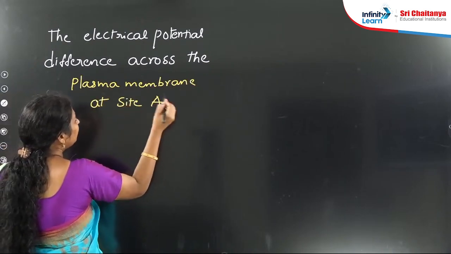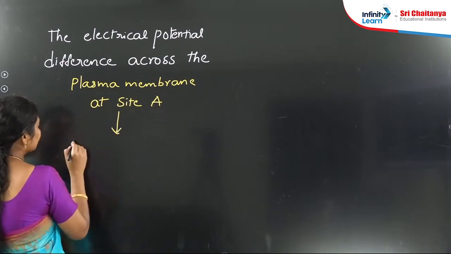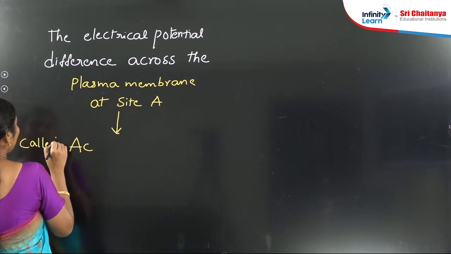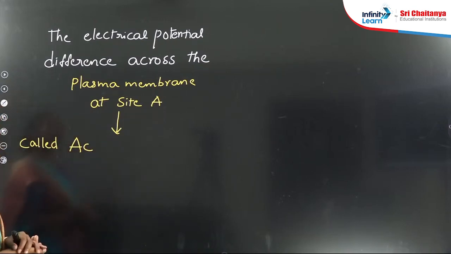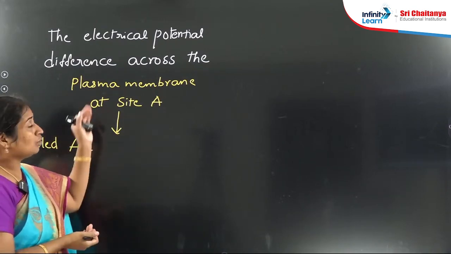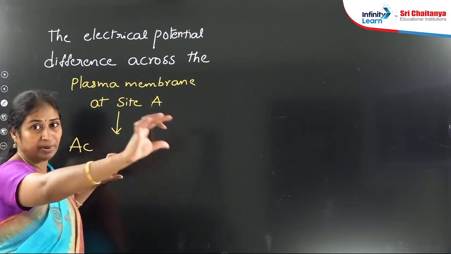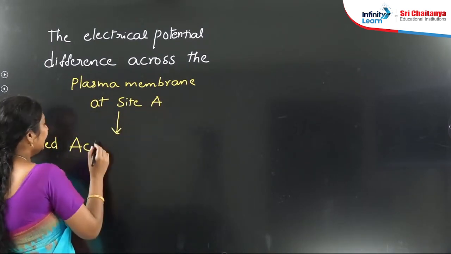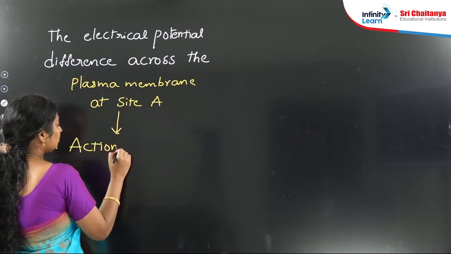It has developed only at site A. So that is known as action potential. Whenever an electrical potential difference occurs across the plasma membrane, not throughout the plasma membrane, only at one particular site called site A, it is known as action potential.